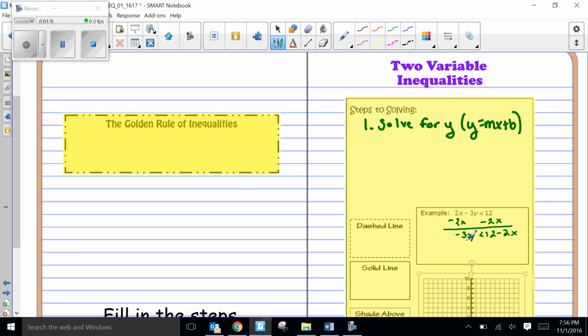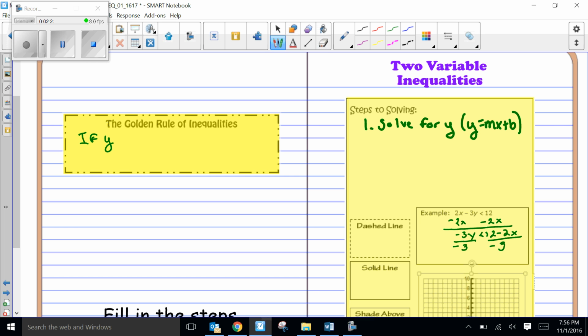Okay, continuing solving for y, I'm going to take my coefficient and I'm going to have to divide or multiply by negative 1/3. So I'm going to divide both sides by negative 3. Now do not forget that there is a golden rule of inequalities that you should remember when we did inequalities at the beginning of the year. What happens when you divide by a negative?